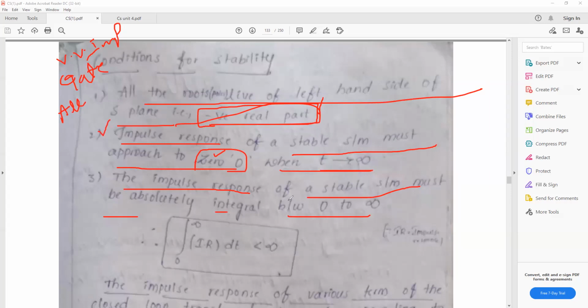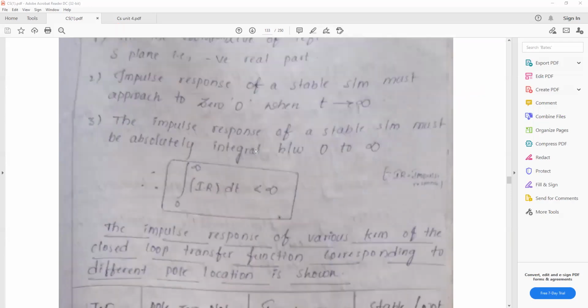And the impulse response must be absolutely integrable between 0 and infinity. So this is the integral, this is the impulse response, and it is absolutely integrable from 0 to infinity, less than infinity. So these three are very, very important conditions for stability.